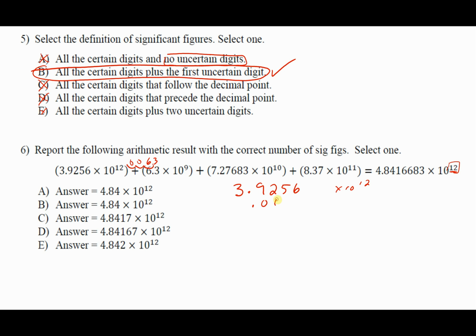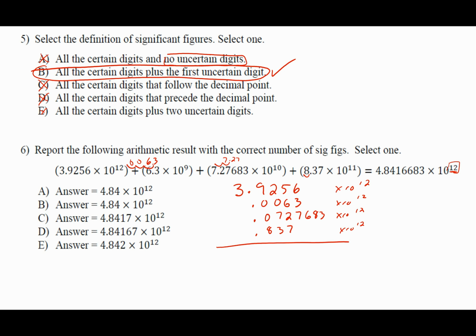So 0.0063 times 10 to the 12th. Okay, this is 7.27. I'm just drawing the first ones. So it's a 10th power, 11th power, 12th power. So 0.0727683 times 10 to the 12th. 8, and of course that will slide over 1 for the 10th, so 0.837 times 10 to the 12th.